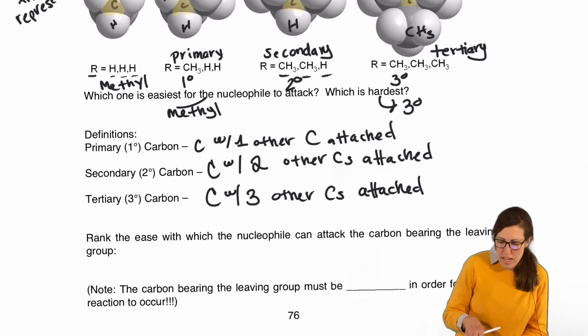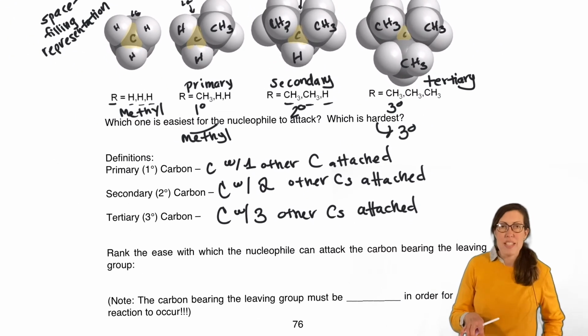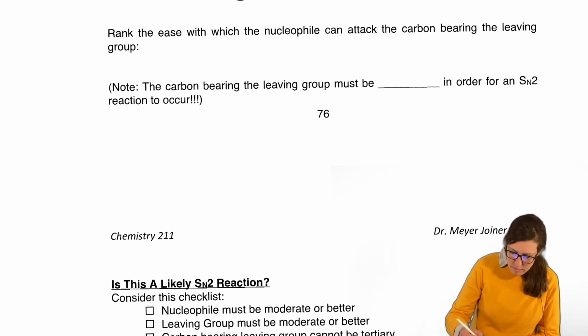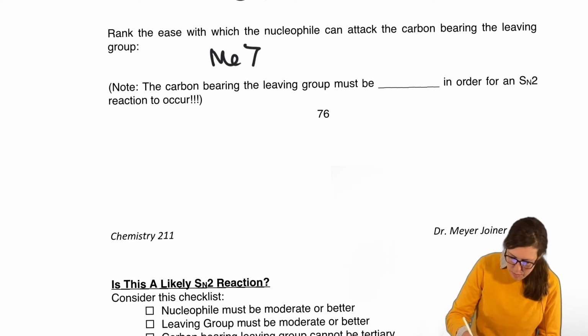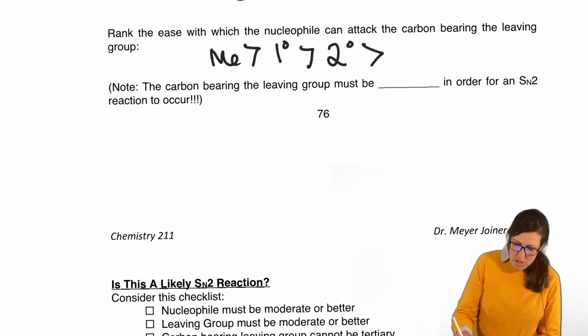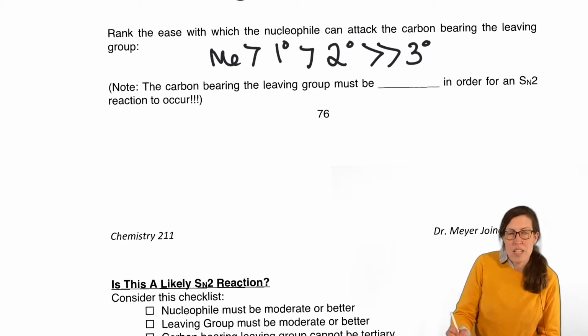Okay, so in terms of who's going to be attacked the easiest for an SN2, methyl gives a lot of space for an incoming nucleophile, as does primary, which gives more space than secondary. However, tertiary is significantly harder, so we actually don't really see tertiary carbons react in SN2 very much.